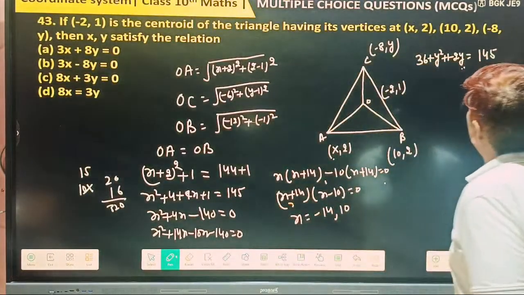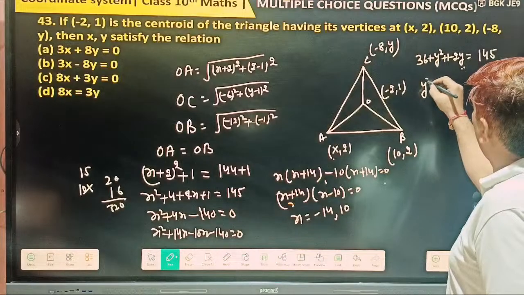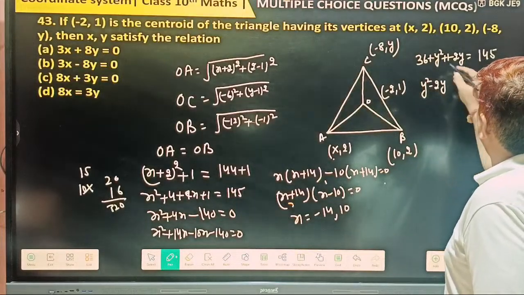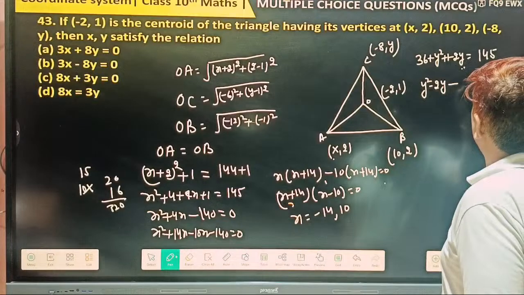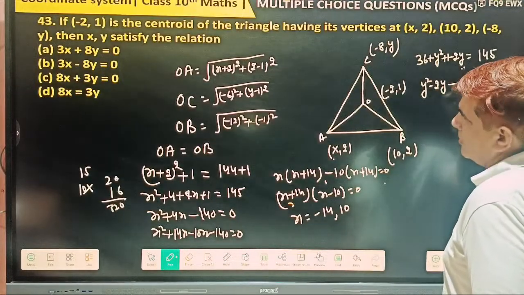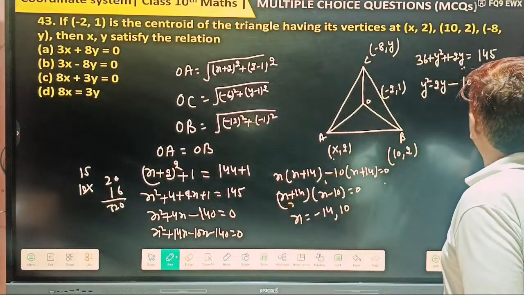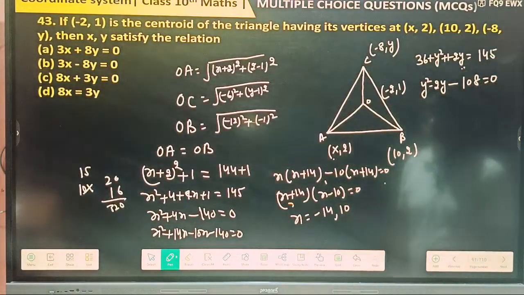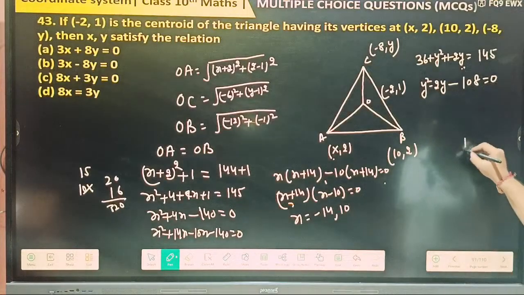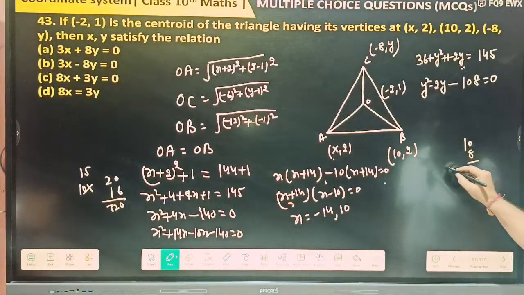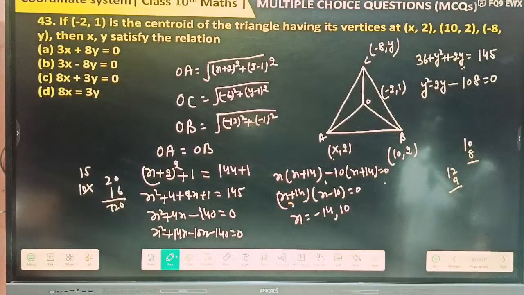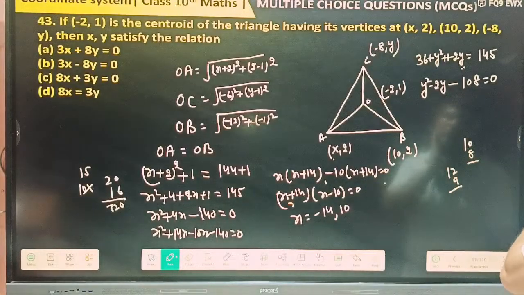So y square minus 2y, 37 minus 145, how much? 108 equal to 0. 37 plus 8. So what are its factors? 12 times 9 is 108. So what are its factors?